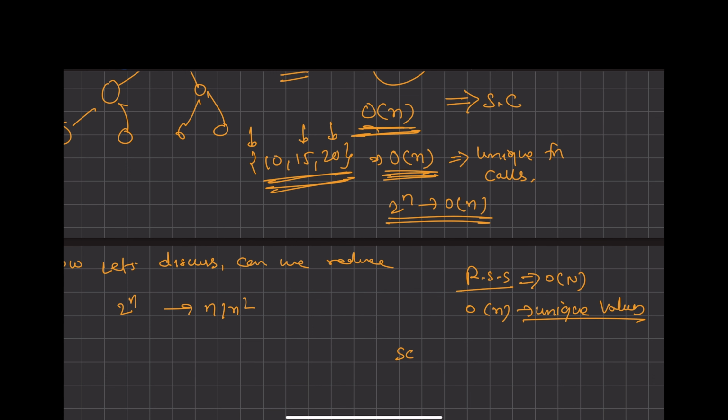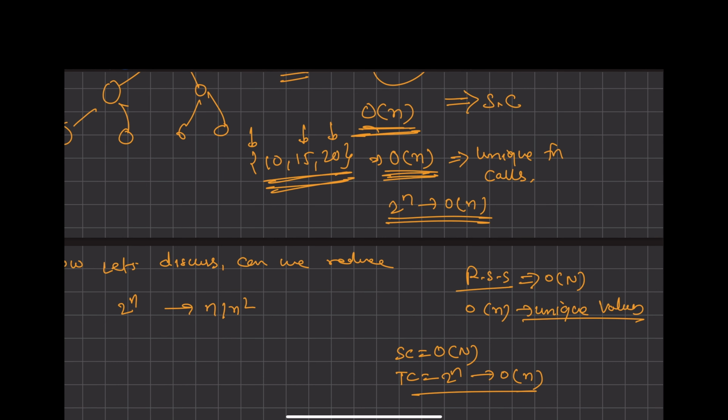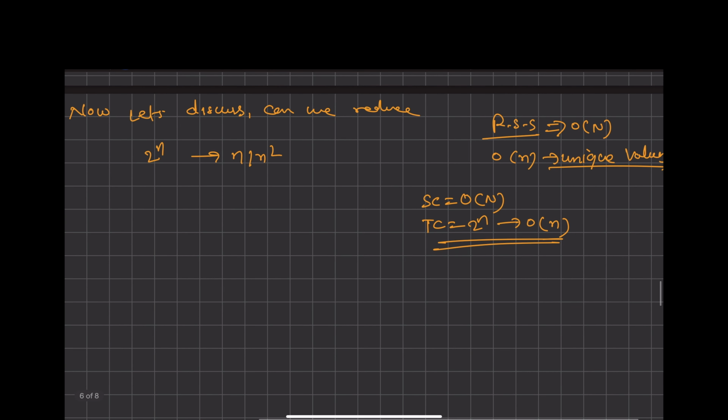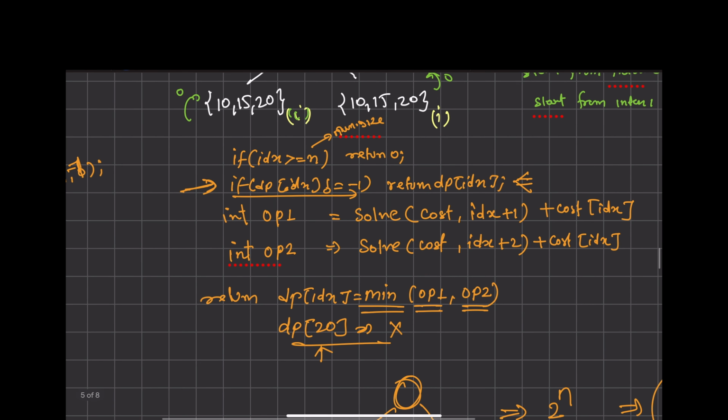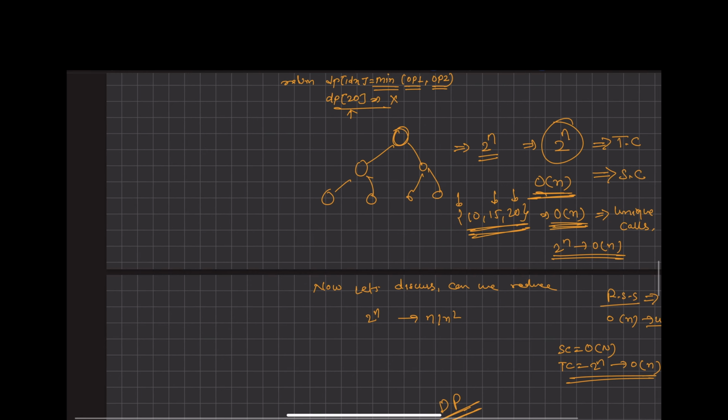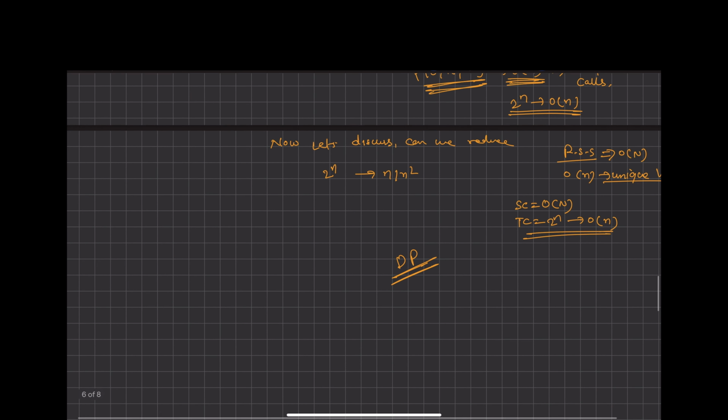So our space complexity will increase, but our time complexity will reduce from 2 to the power n to O of n, linear time complexity. So this is the time dp. We can change the recursion code by adding a few lines into the dynamic programming code. So that's it guys. Now let's code both the solutions.